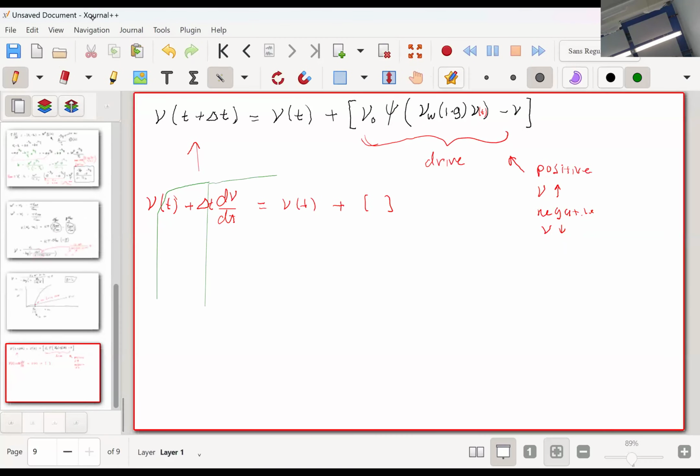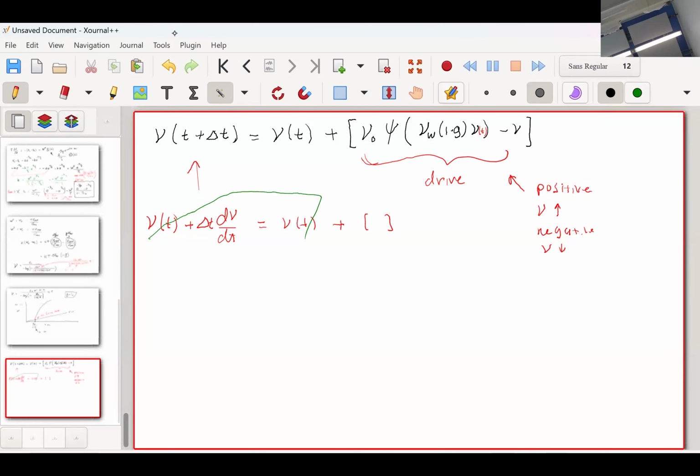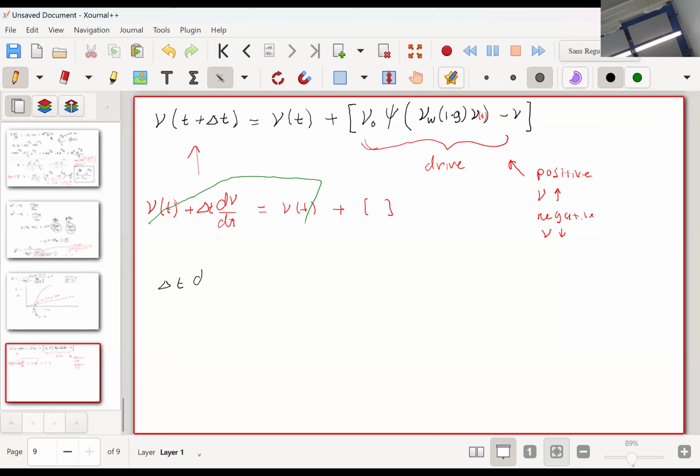These things cancel, and we get an equation: delta t d nu dt equals nu 0 psi of w 1 minus g nu, minus nu. Okay, so this is a differential equation.